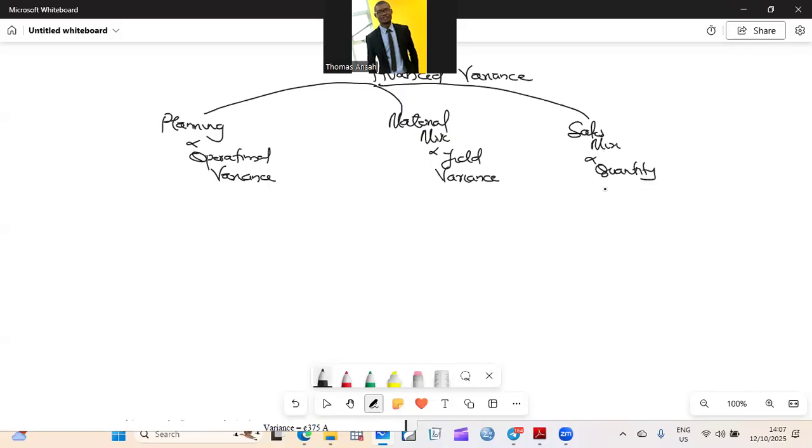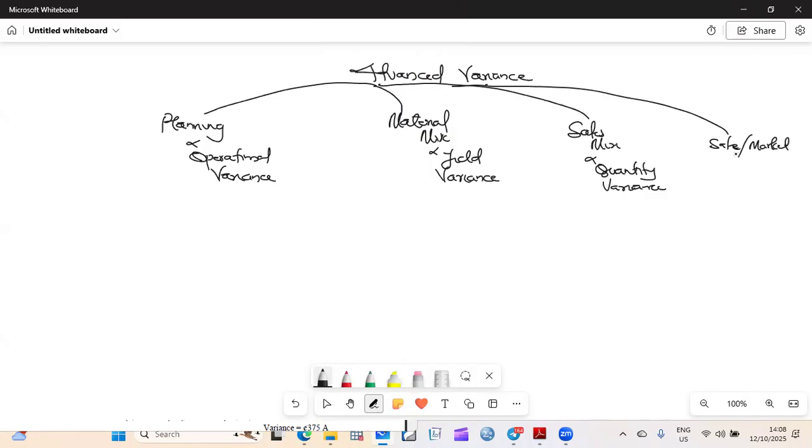You can also call it volume variance. The last one is about the sales to market share and market size.